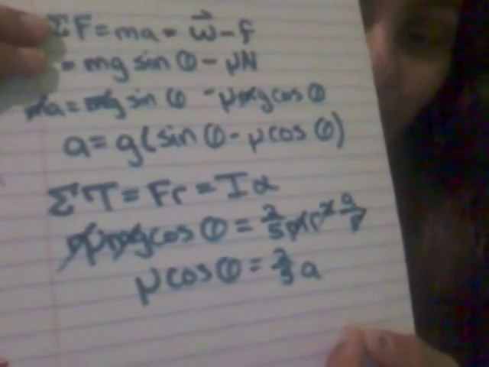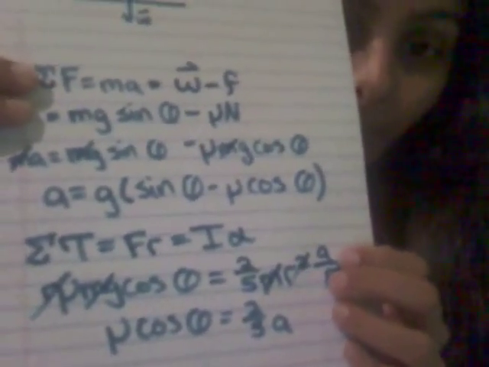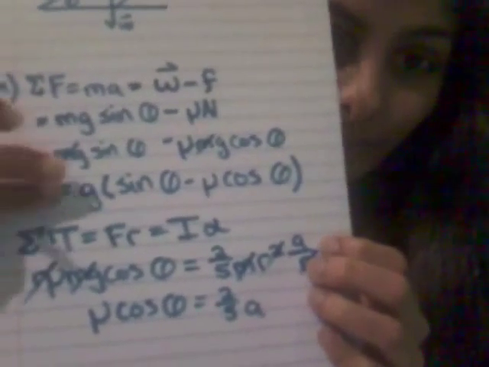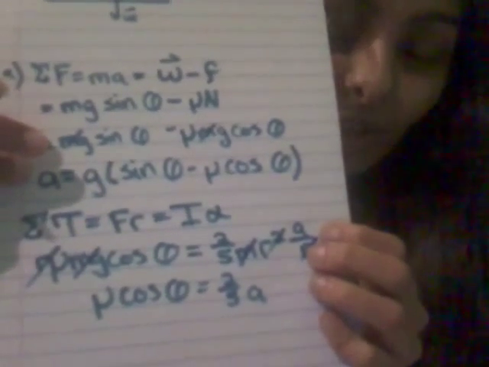There you go. But remember, I told you we were going to hold on to the acceleration, and we already found a. So we're going to substitute this a in now. So you have mu cosine theta equal to 2/5 times g times sine theta minus mu cosine theta.